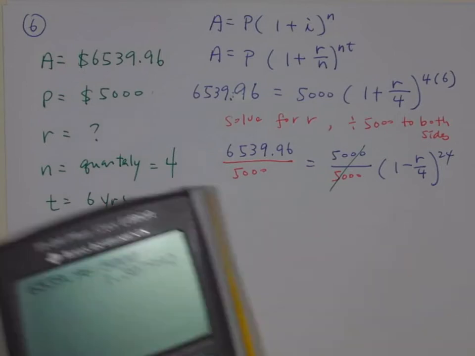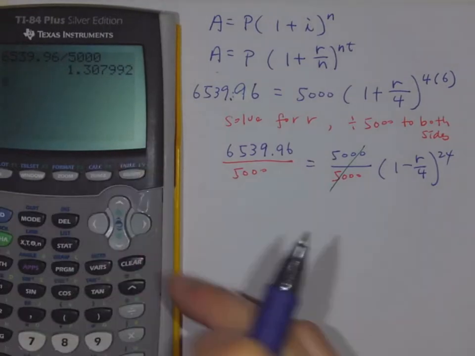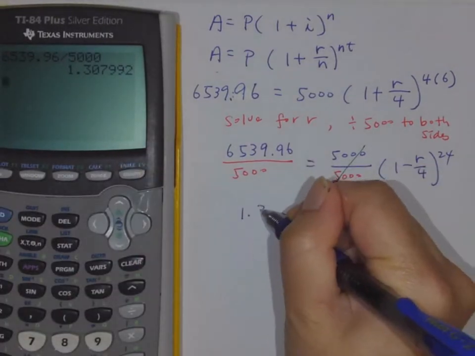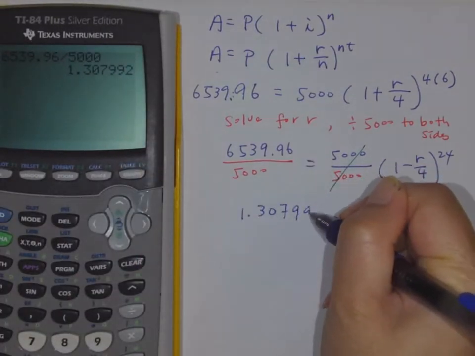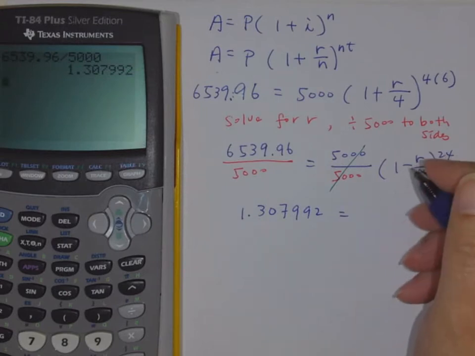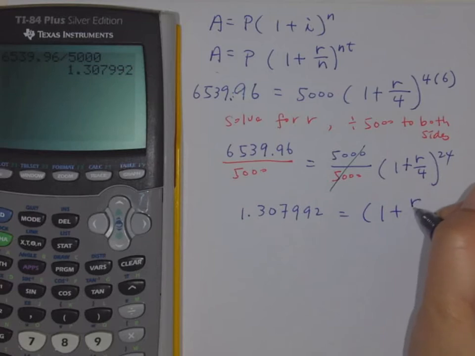Actually it stopped somewhere, so let's write that down. We have 1.307992 equal to 1 plus r over 4, to the 24.